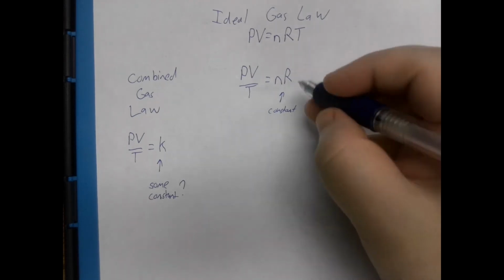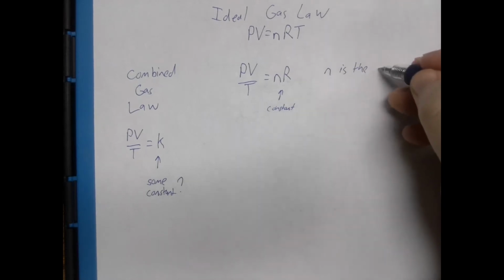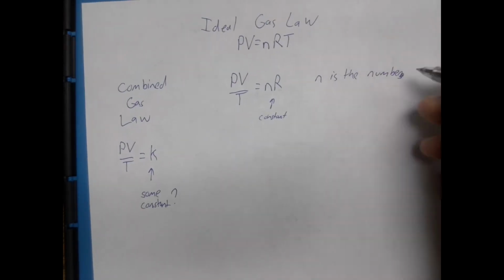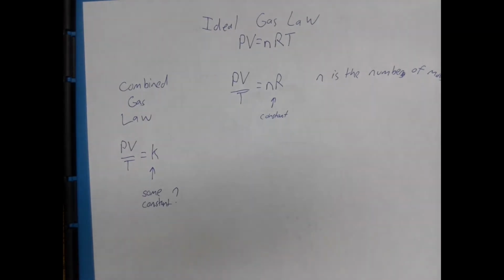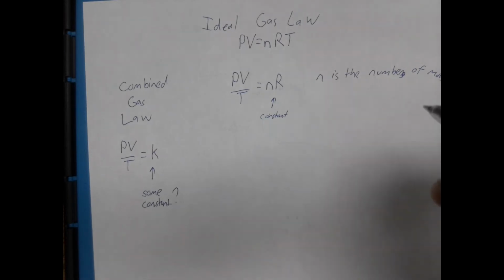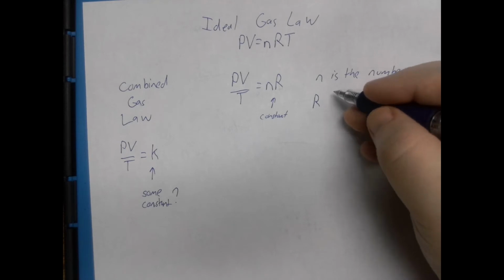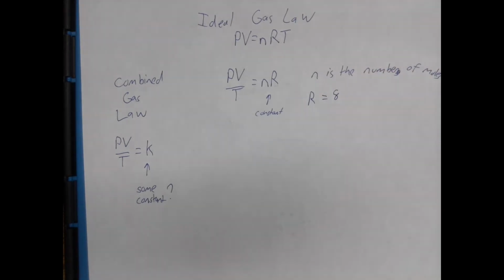So n is the number of moles. So again, this formula only works if mass is constant. And R is equal to, let me look up better values. Nice. If you look at this table, you can see it.